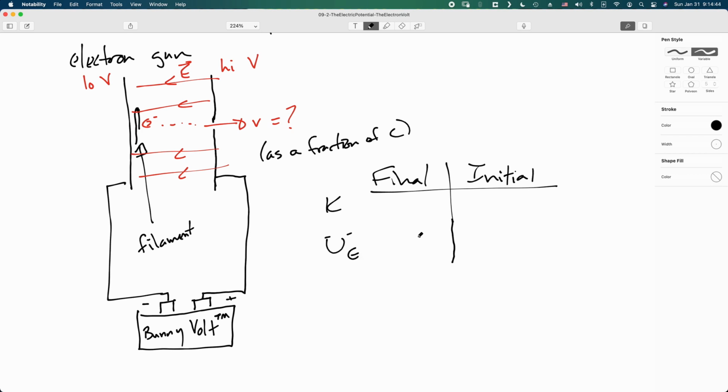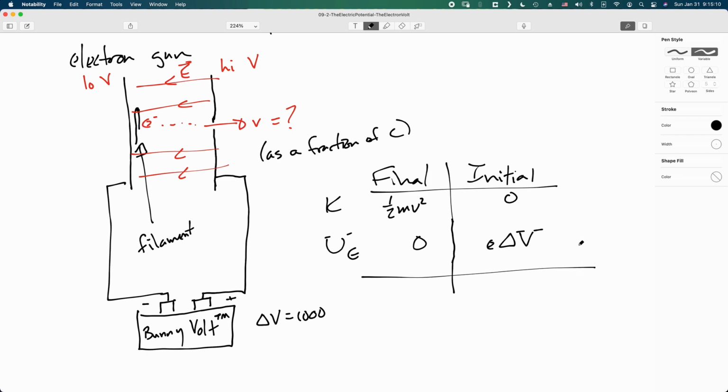And so we can say that the final potential energy was 0 and the initial was E delta V, where delta V was our voltage. Let's go ahead and make that 1,000 volt difference. Our final kinetic energy is 1/2 m little v squared, and the initial is 0.